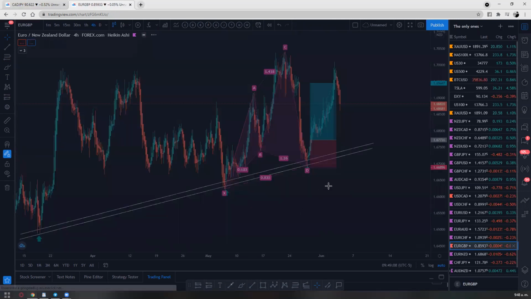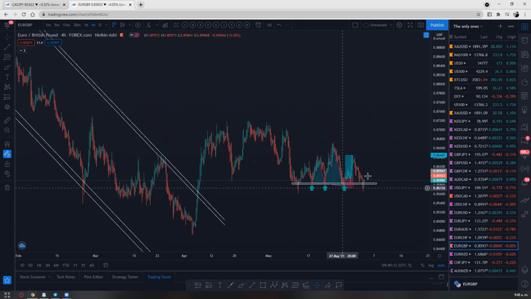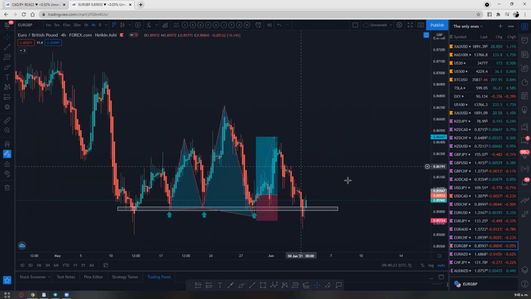Let me see if I can show you a couple of things. This is another pattern, also went beautifully. You see at least 3 touches, it touched 4 times, but I'm looking for a minimum of 3 touches. Nice pattern right there. This is a different pattern. I don't remember, this is also a Cipher.